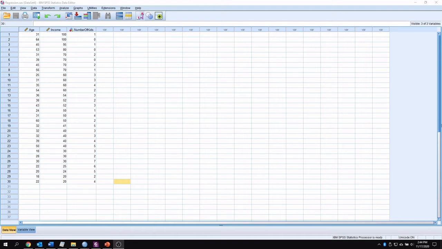We are assuming a linear relationship between variables, and that just means that when we plot the data, we plot one variable on the x-axis, one on the y-axis, there's going to be a line that can represent the relationship between those data.